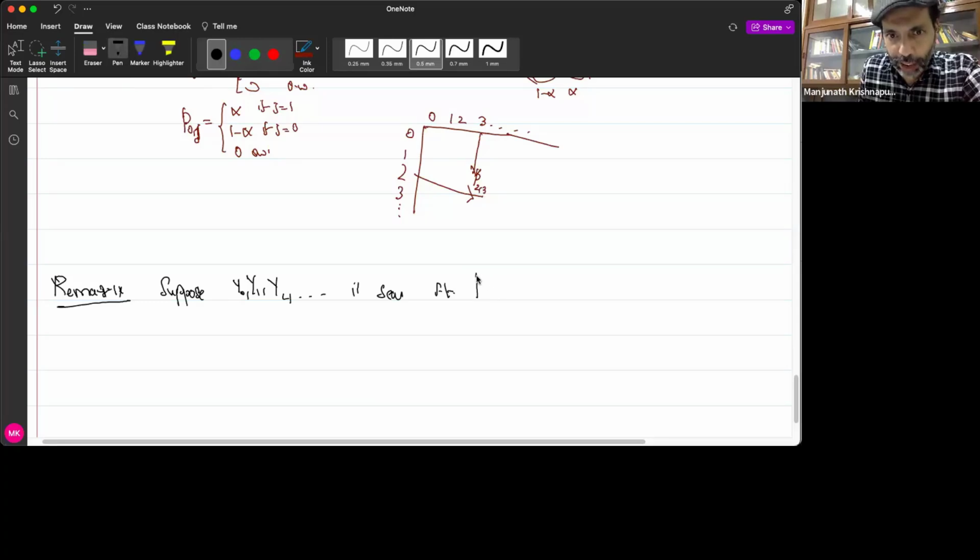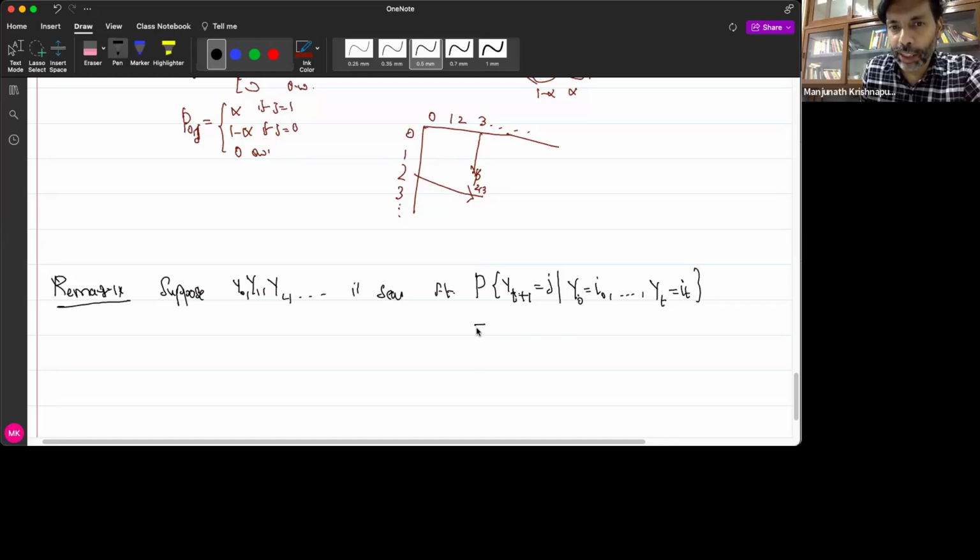Probability that y(t+1) equal to j, given y0 equal to i0, and so on up to yt equal to it. Suppose it depends not only on this but on the previous one also.